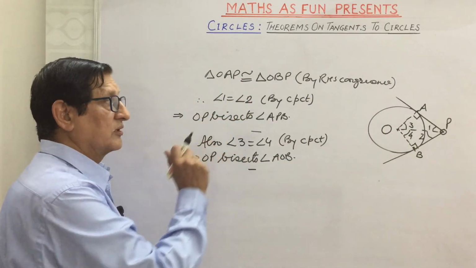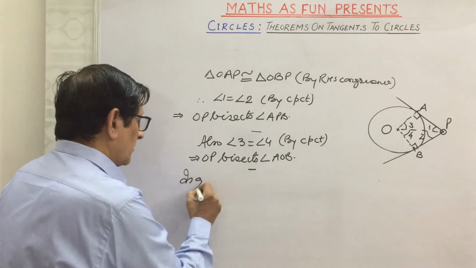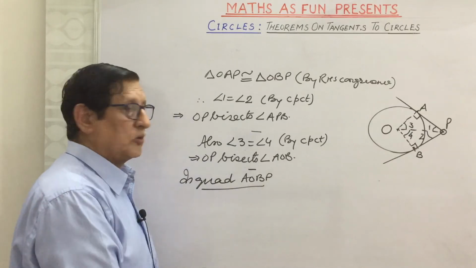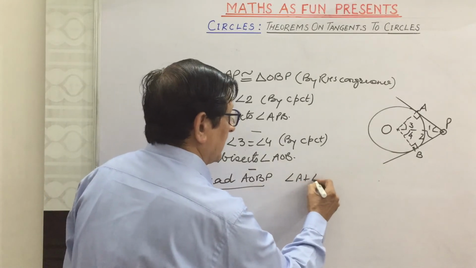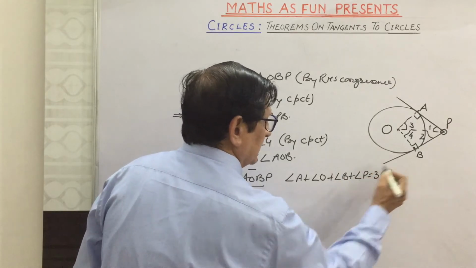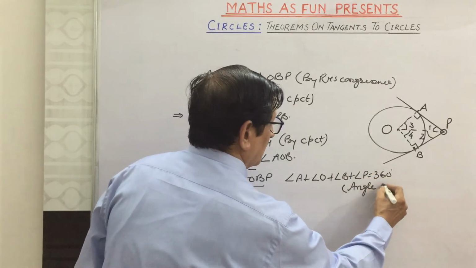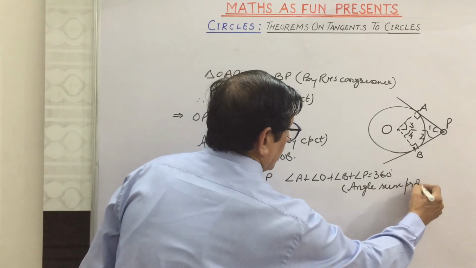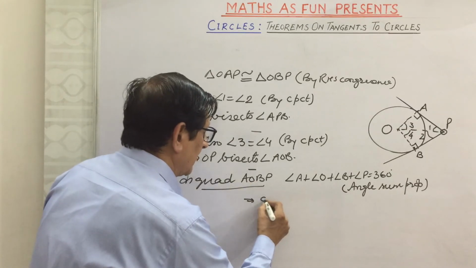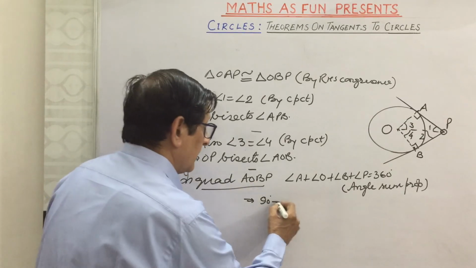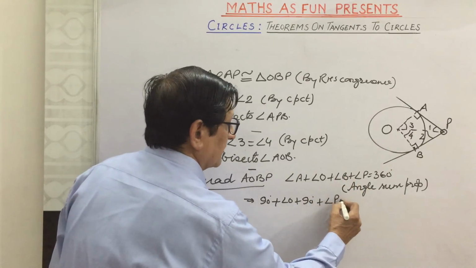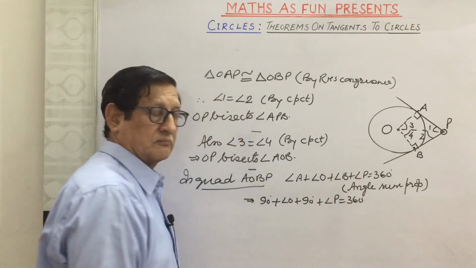Next, one more thing we can learn here. In quadrilateral AOBP, do we find that angle A plus angle O plus angle B plus angle P is 360 degree? That is the angle sum property of quadrilateral. In this we know that angle A is 90 degree plus angle O plus angle B is also 90 degree plus angle P is equal to 360.